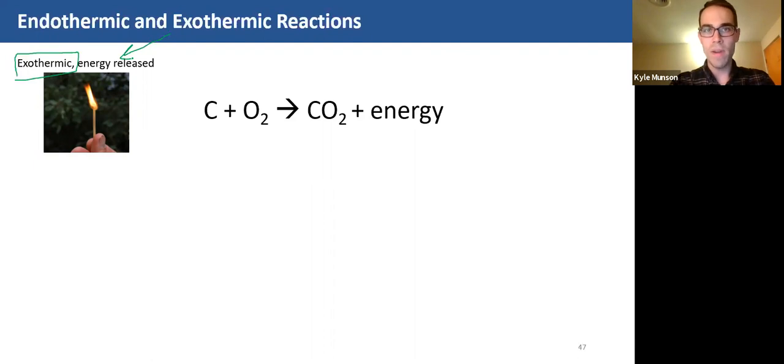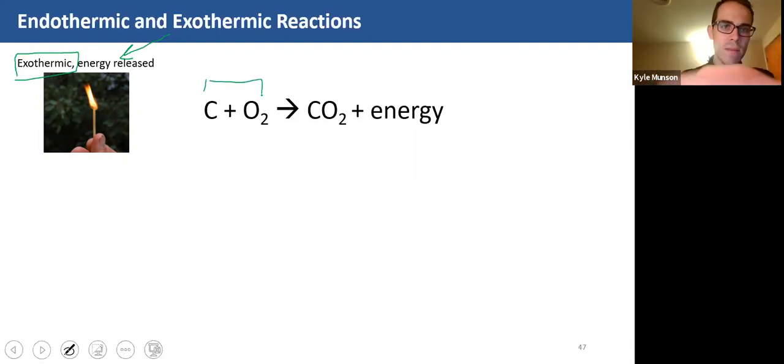exothermic reaction, all right? And sometimes this energy is included in the chemical equation. So this is our reactants, right? Again. And these are our products.